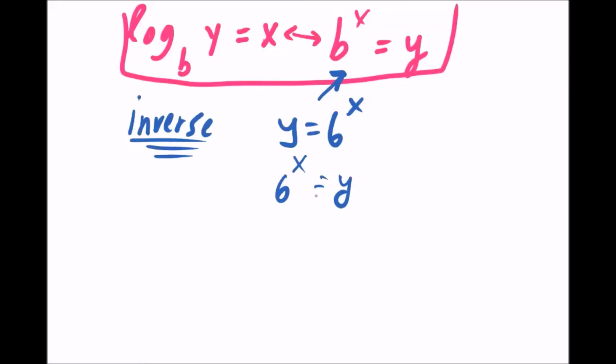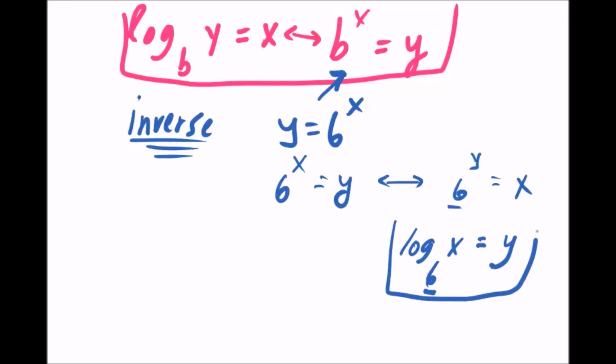Now, whenever you find the inverse, you're going to switch the x and the y. So I'm going to write 6 to the y equals x. Now I'm going to write that as a logarithm. Log base 6, remember this becomes the base. Log base 6 of x equals y. So this is the inverse of this.